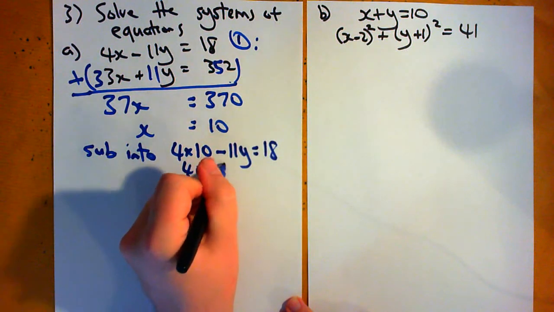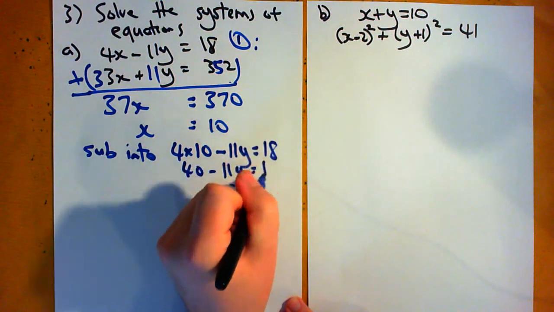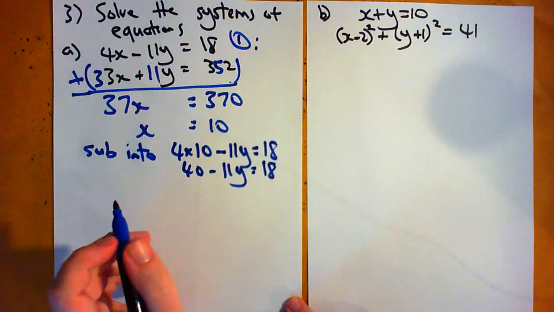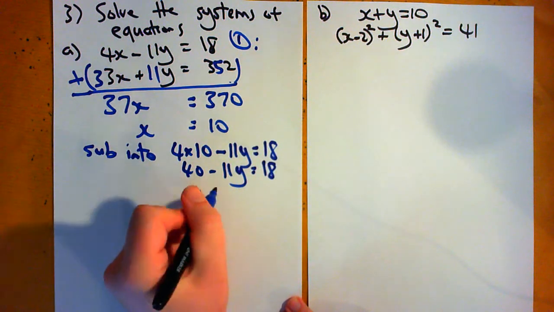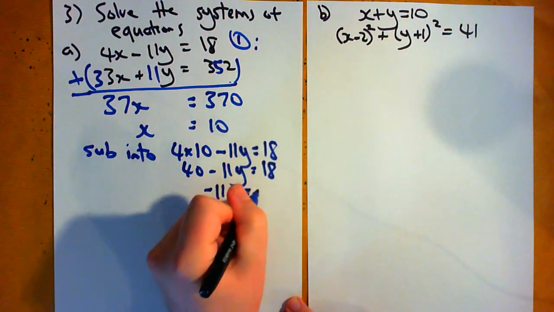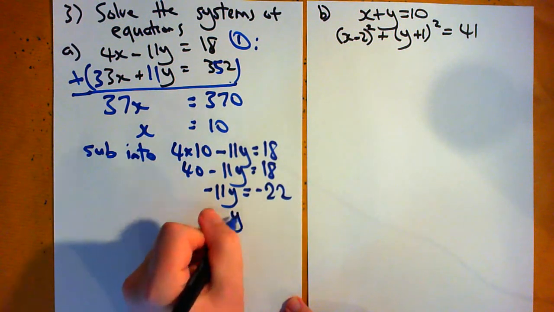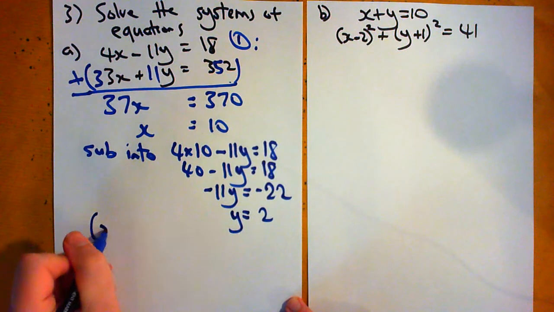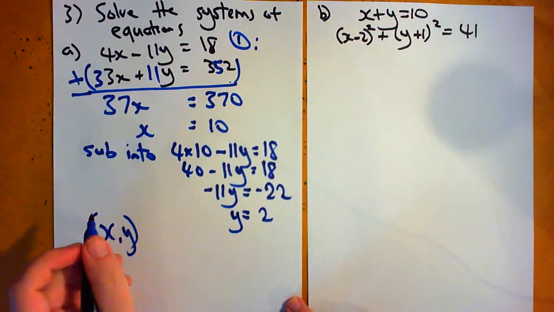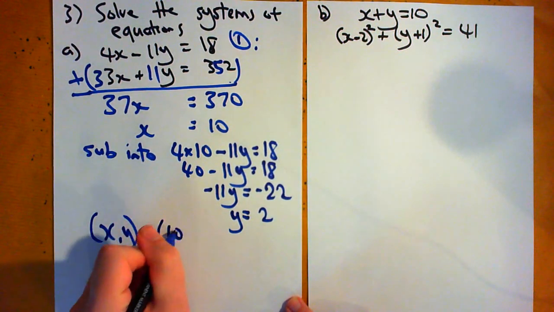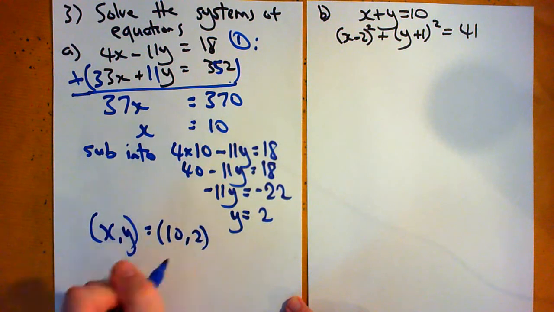So 40 minus 11y equals 18. Moving that 40 to the other side, that gives us minus 11y equals negative 22, and divide that by negative 11, we get y is 2. So our solution is x is 10 and y is 2.